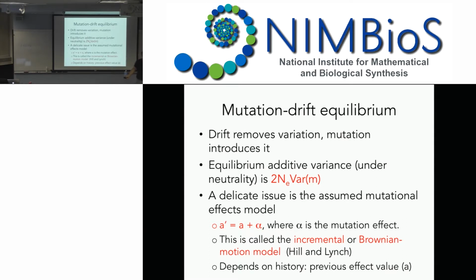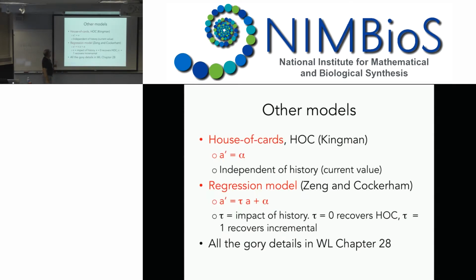That's not an unreasonable model, but the problem is we don't really know what the biology is. Under the incremental model, populations continue to diverge over time by Brownian motion. So basically they diverge as a function of time, so you have an infinite divergence over an infinite amount of time. There are two other models.